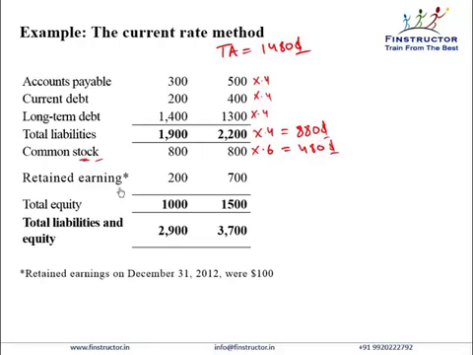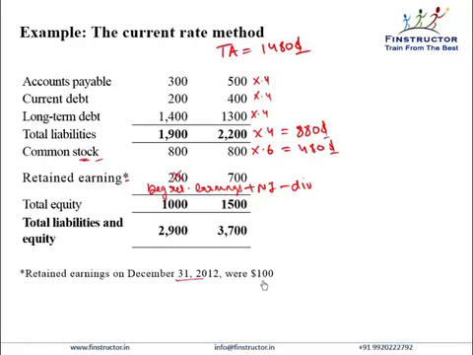The retained earnings will be calculated from the beginning retained earnings plus the net income minus any dividends paid. So in this case, there's a star that tells us that retained earnings on December 31, 2012 were $100. Please note this number is not relevant because it's in British pound and we need to translate the accounts into US dollars.